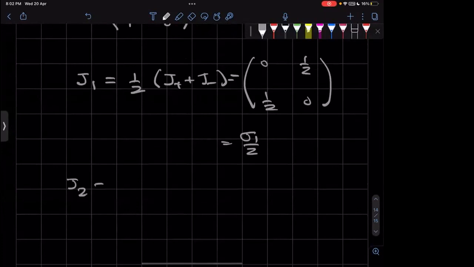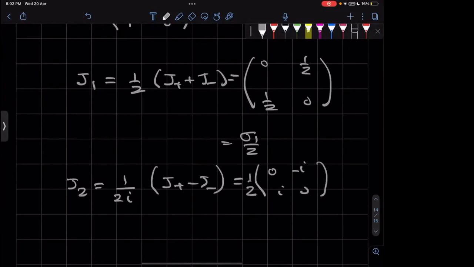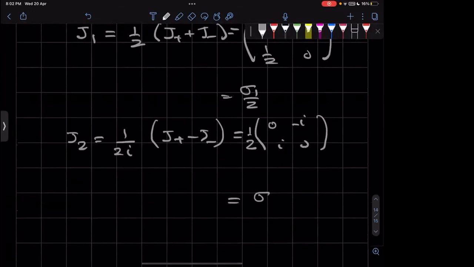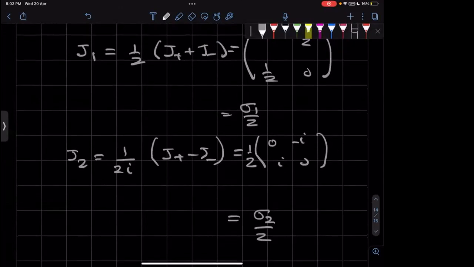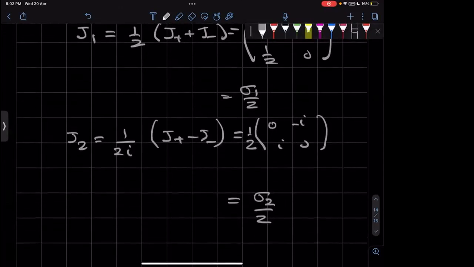And J2 is going to be 1 over 2i, J plus minus J minus. And if you work this out, you get a factor of half, 0 minus i, i 0, which is sigma 2 by 2. Okay. So we see that we regain the fundamental or the defining representation of SU2, right?